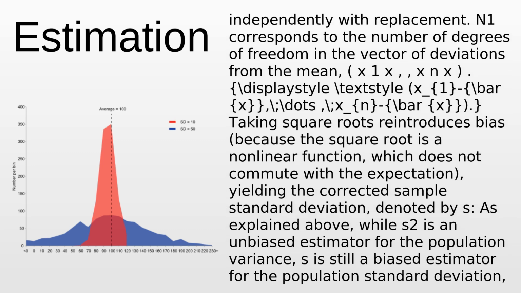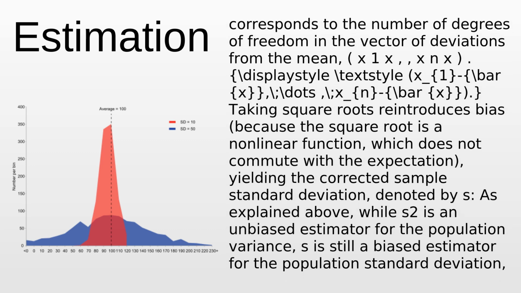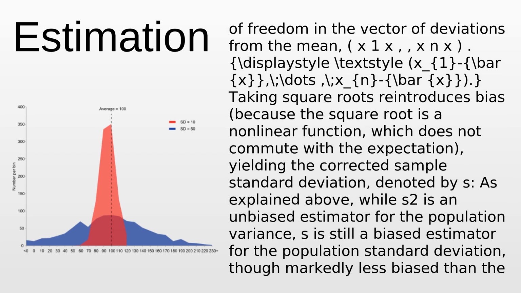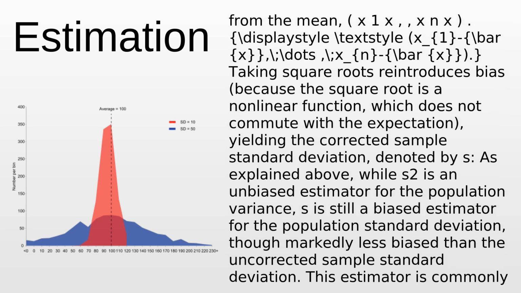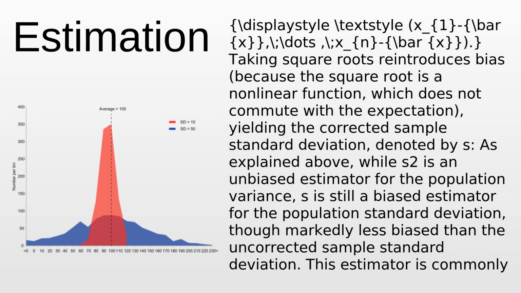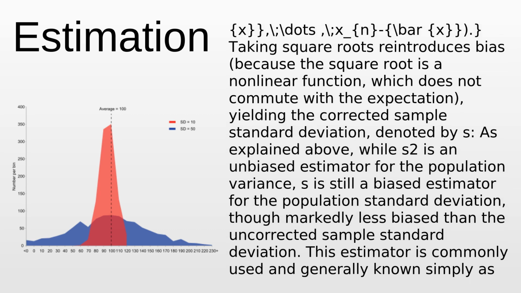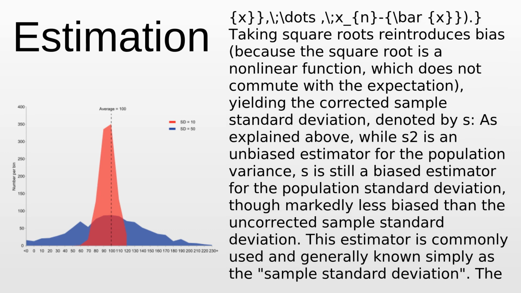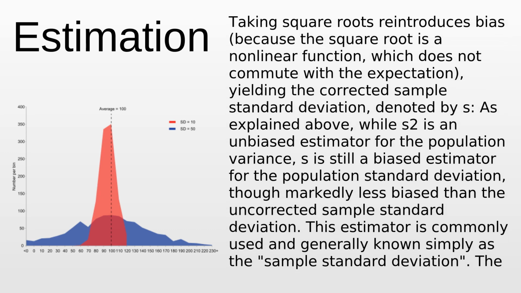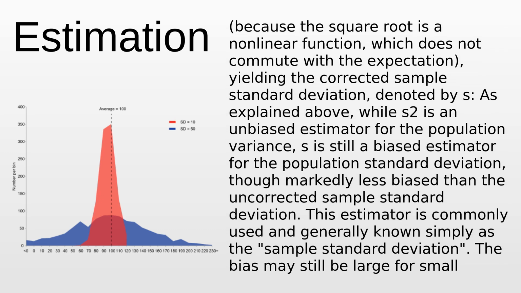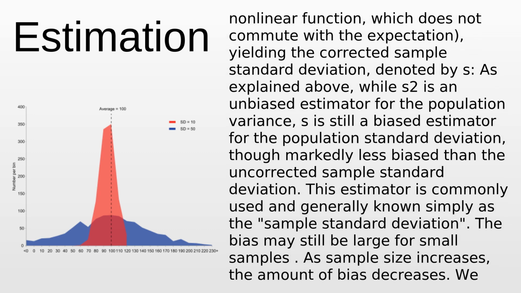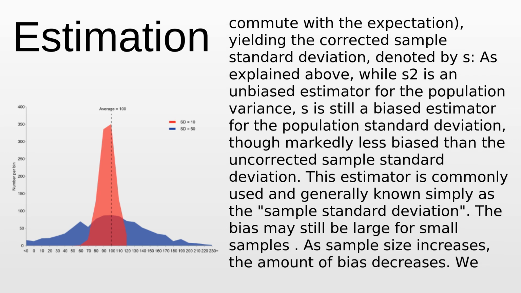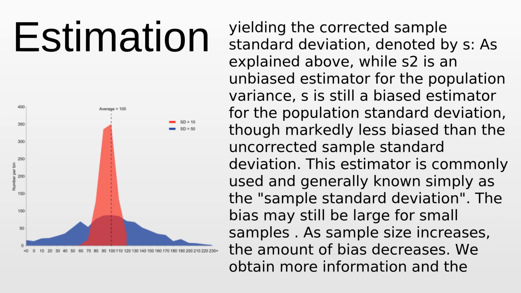Taking square roots reintroduces bias, because the square root is a nonlinear function, which does not commute with the expectation, yielding the corrected sample standard deviation, denoted by S, as explained above, while S² is an unbiased estimator for the population variance. S is still a biased estimator for the population standard deviation, though markedly less biased than the uncorrected sample standard deviation.